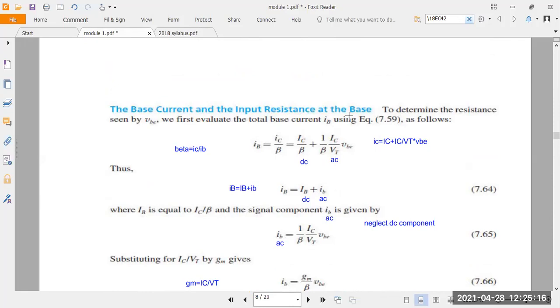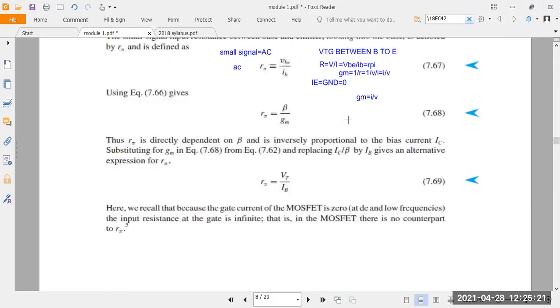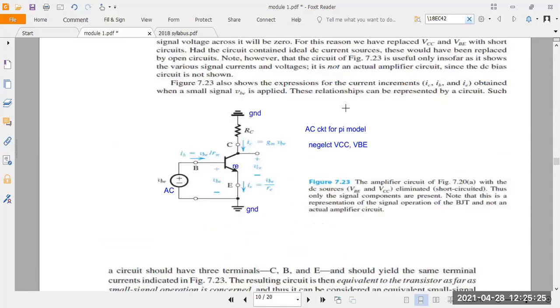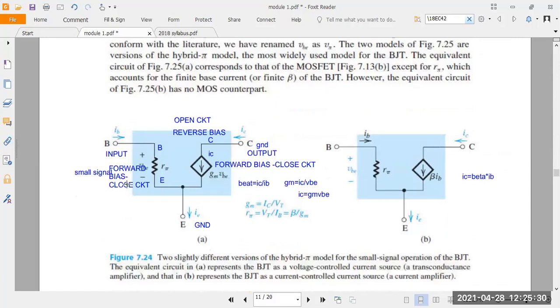So here you take equations with respect to the input side. See, I will show you one diagram here. Actually, we want to write this diagram for the small signal operation. For writing this diagram, you have to go through the equations. This one is the base here. Earlier, what did we take here? Collector, right? Just now we discussed the collector and transconductance, right?